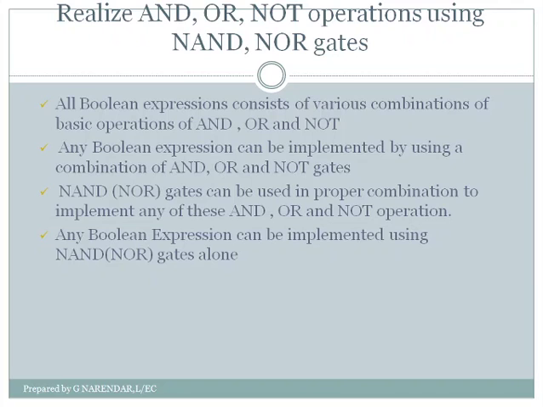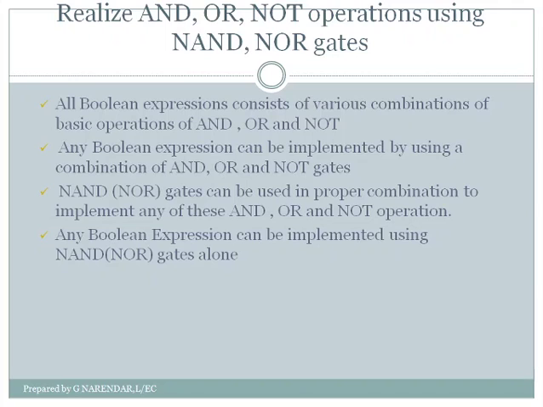And when we come to the NAND and NOR gate, we can see that a number of NAND gates can be used in proper combination to implement any of these three basic operations. That means a number of NAND gates can be combined to perform AND operation without using AND gate.